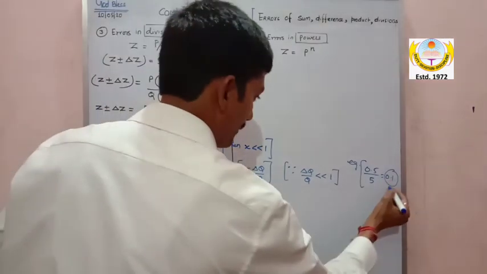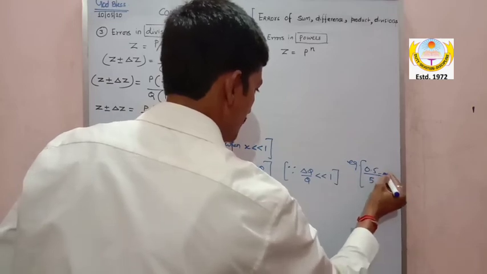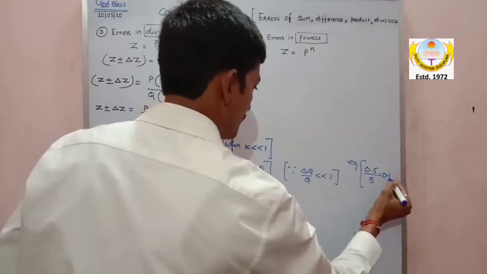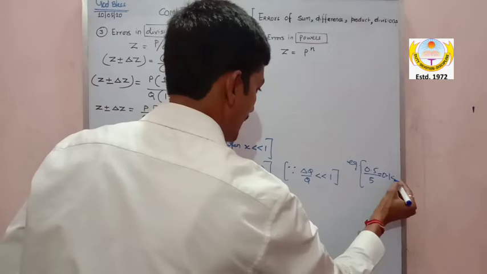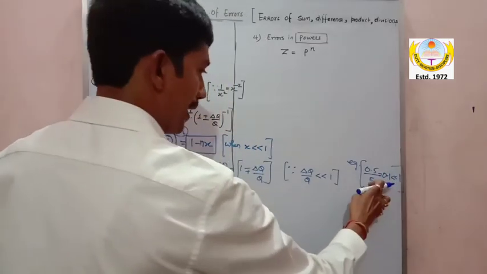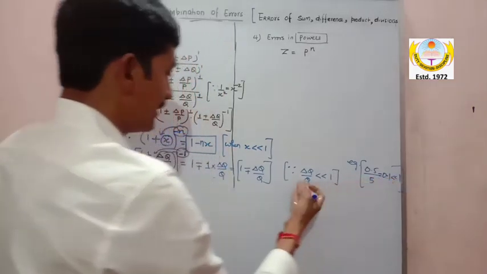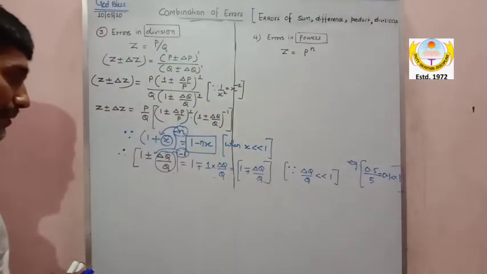So here, the example which I am getting is point 1, which is less than 1. The answer of this is point 1, and point 1 is quite less than 1, and therefore you apply this method.